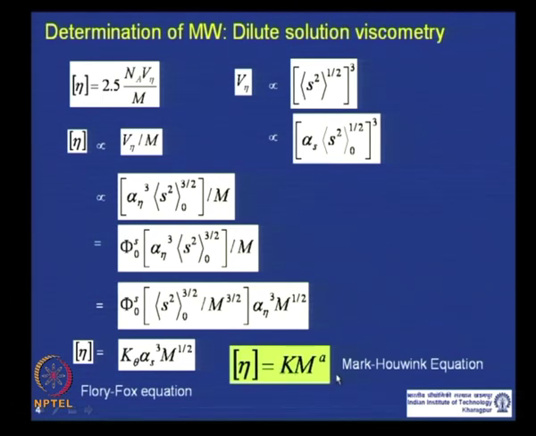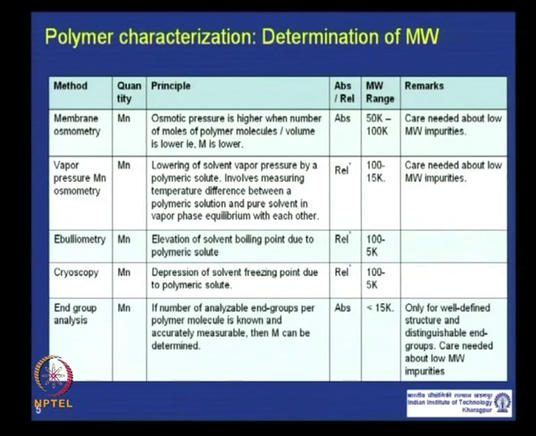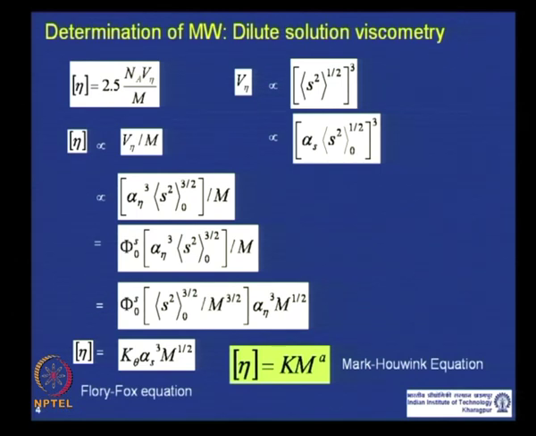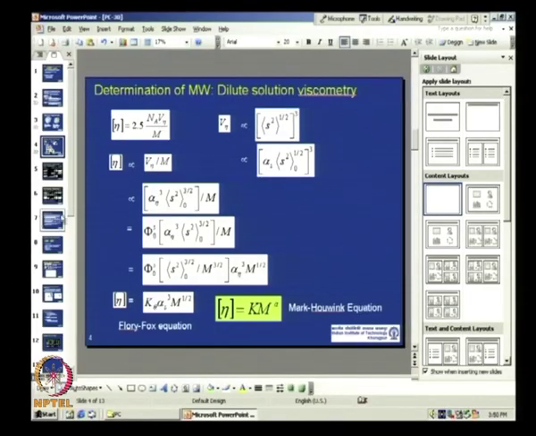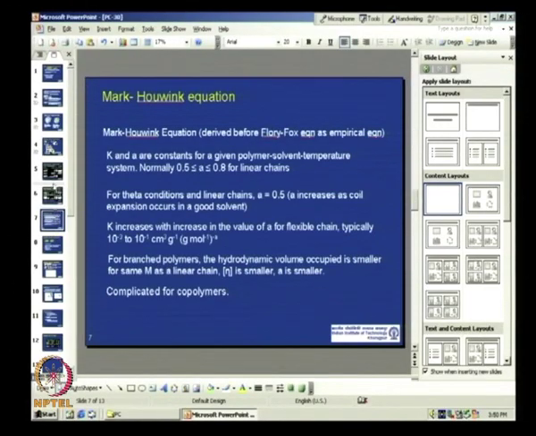This equation later we will use for determining molecular weight by dilute solution viscometry. So, please remember this expression where K is a constant and a is also a constant. We will learn more about K and a when we discuss the determination of molecular weight by solution viscometry, and you can now complete that discussion.